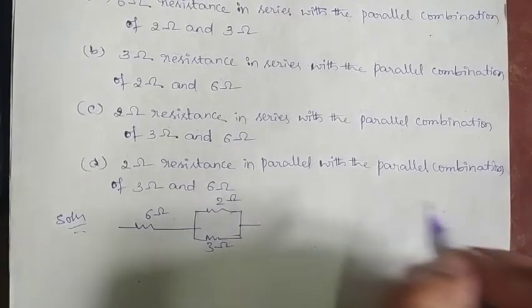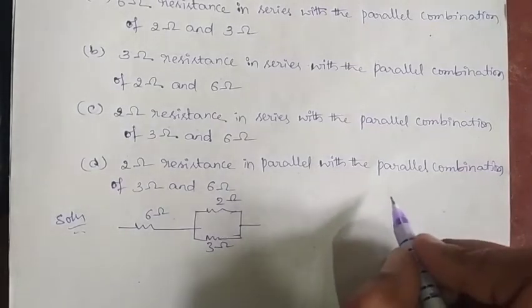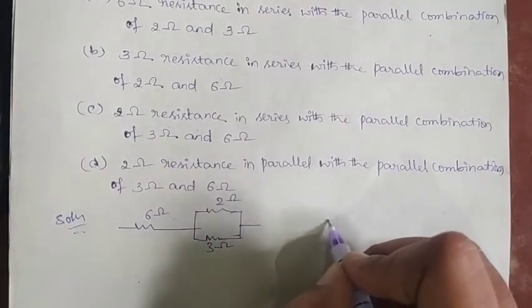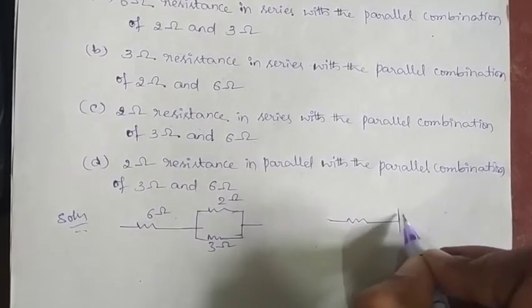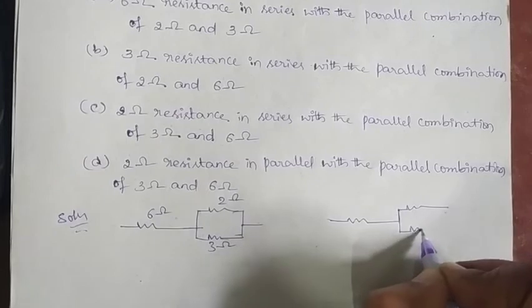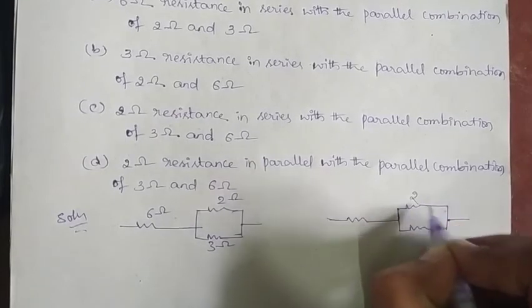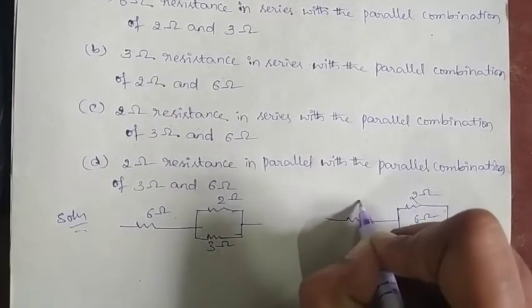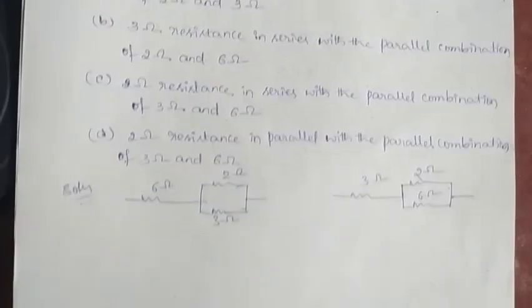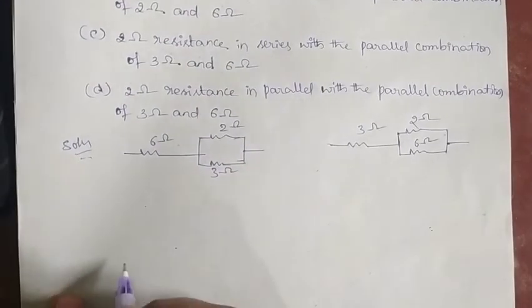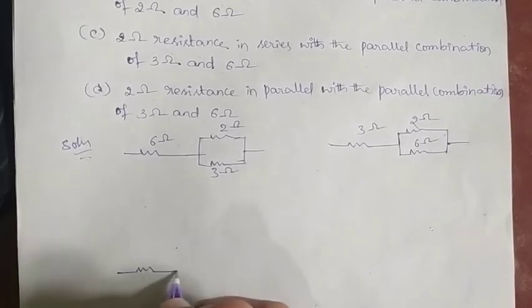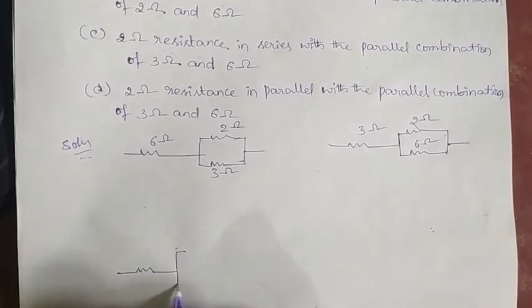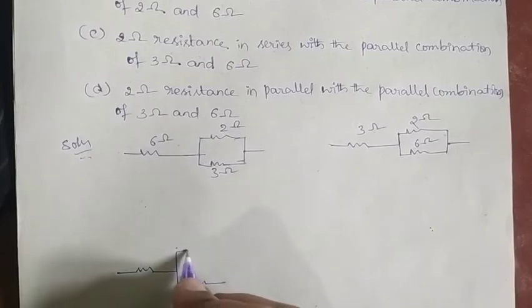Next, in option B, 3 ohm resistance in series with parallel combination of 2 ohm and 6 ohm resistance. In option C, 2 ohm resistance in series with the parallel combination of 3 ohm and 6 ohm.